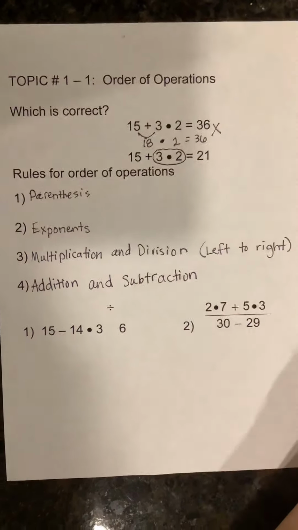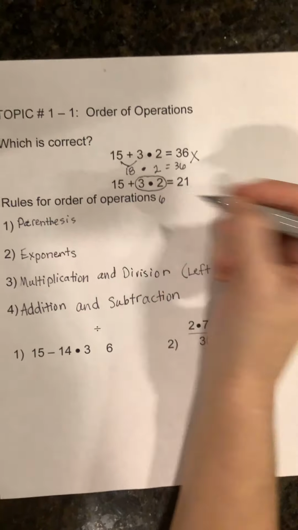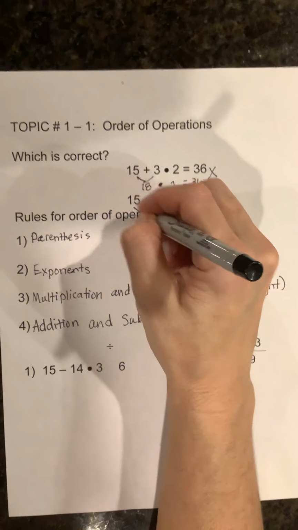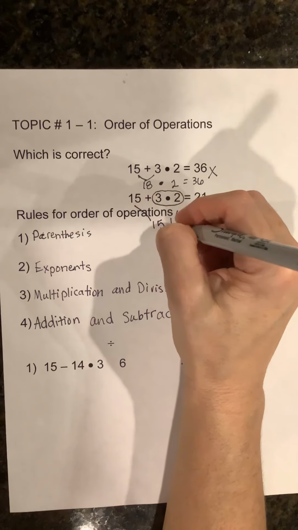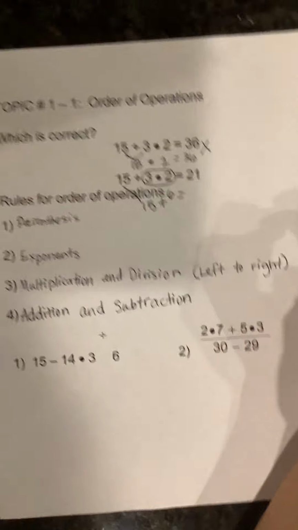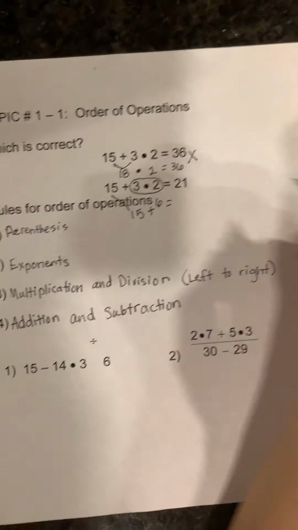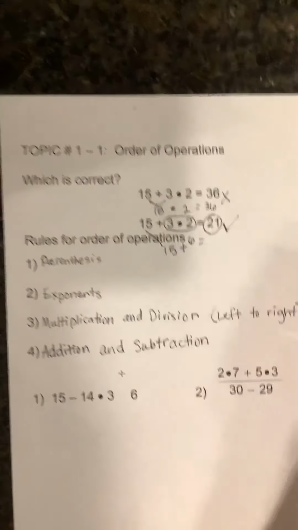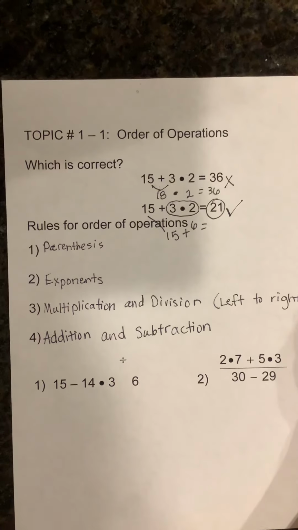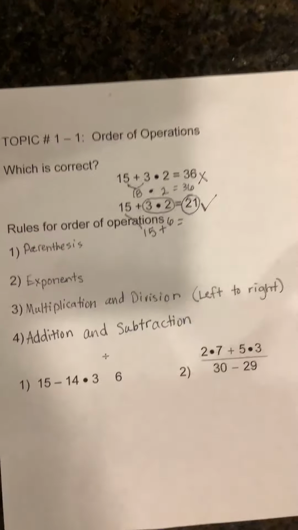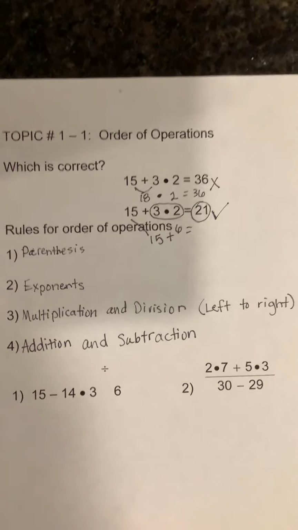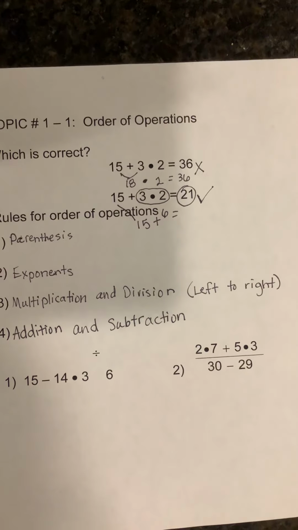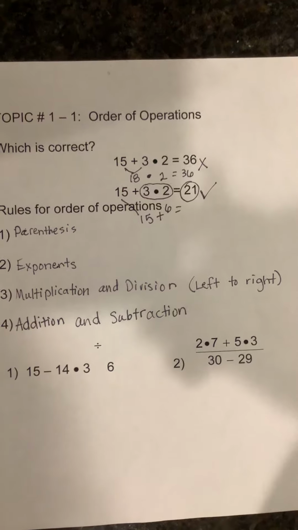So 3 times 2 is 6. Okay, I'm going to bring down this 15 plus 6. And when I add 15 plus 6, I get 21. That is the correct answer. So working out an equation and doing it in a certain order makes a big difference. So this is very important.